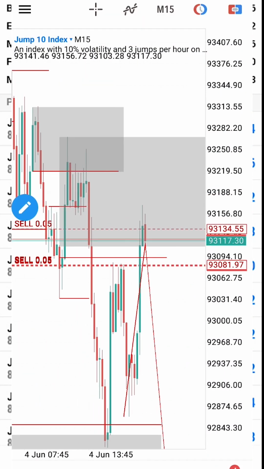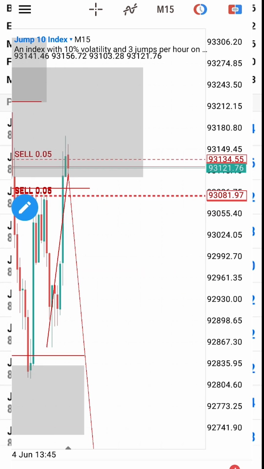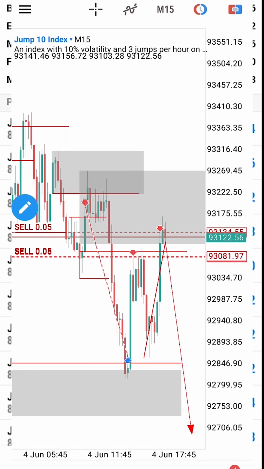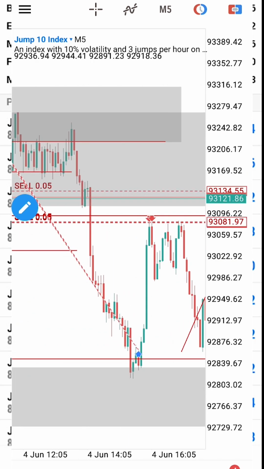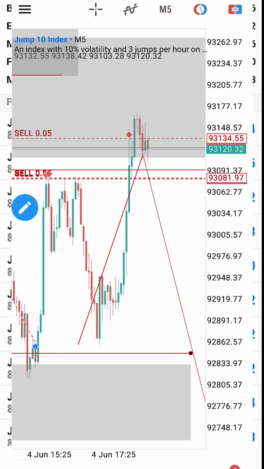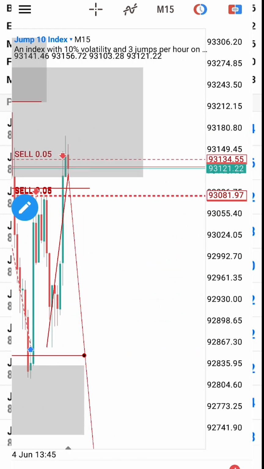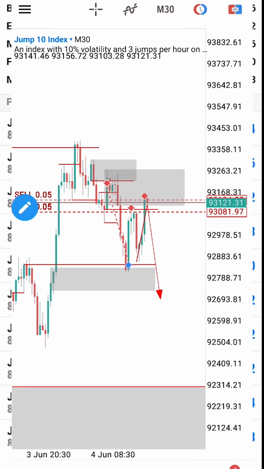Now afterwards, price made 2 attempts here in filling the fair value gap. You can see there is the first one where it hit our sell limits and then it dropped, but then it returned back up, and it had missed about half of our sell limits.